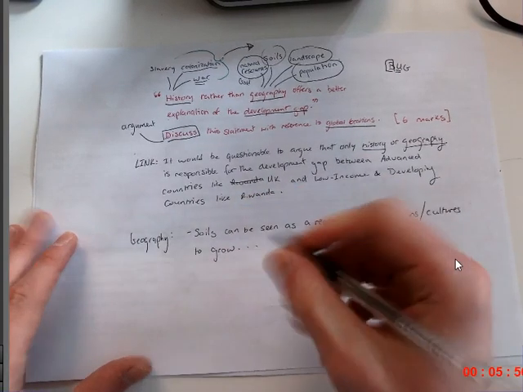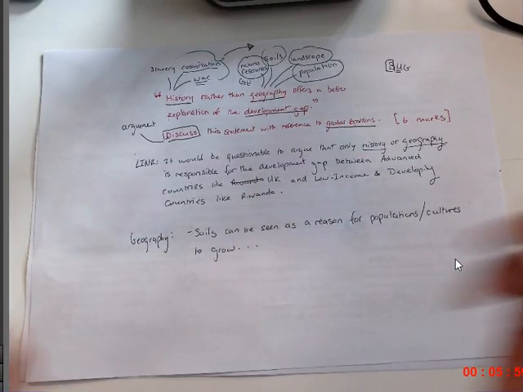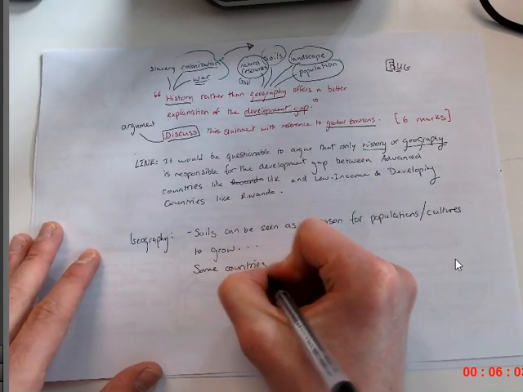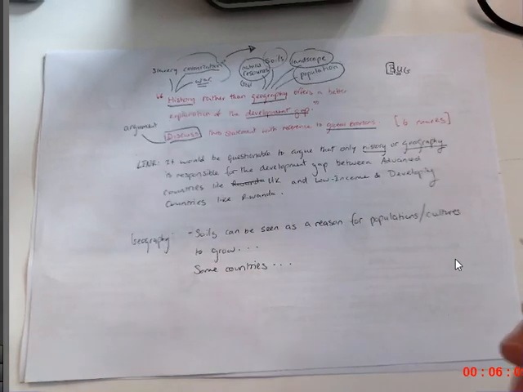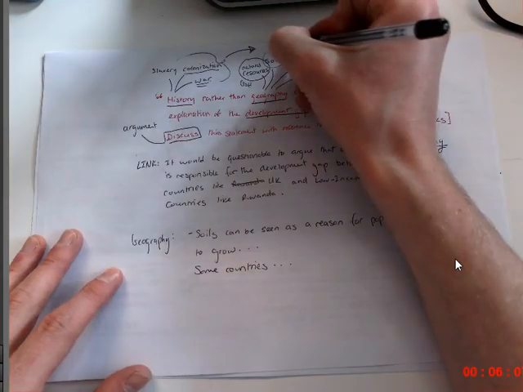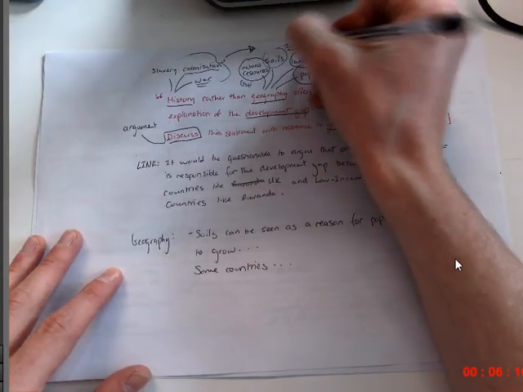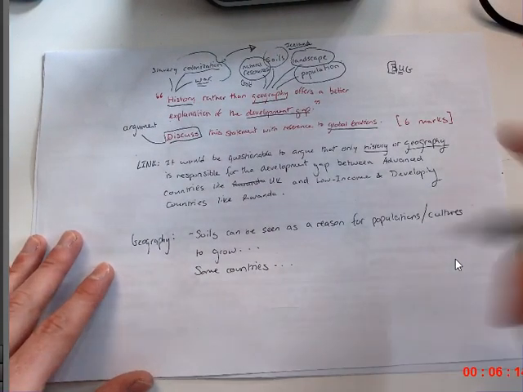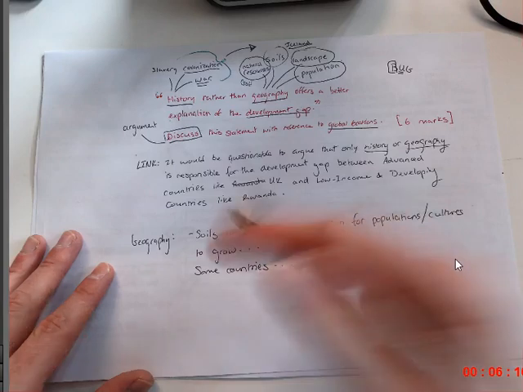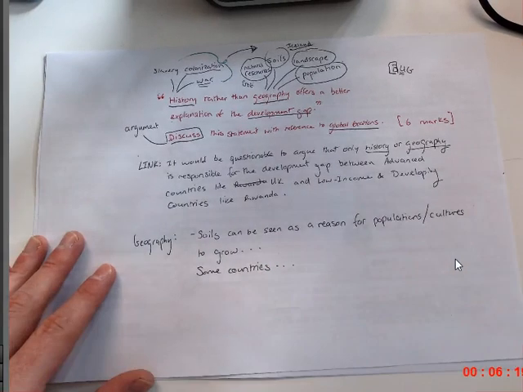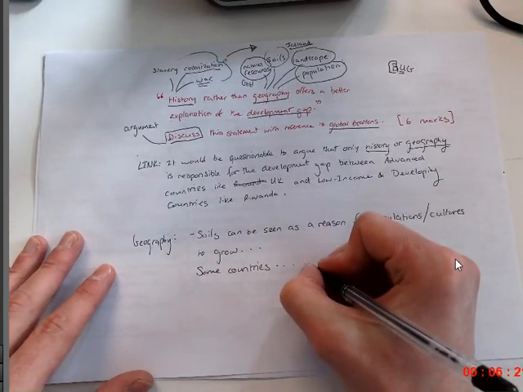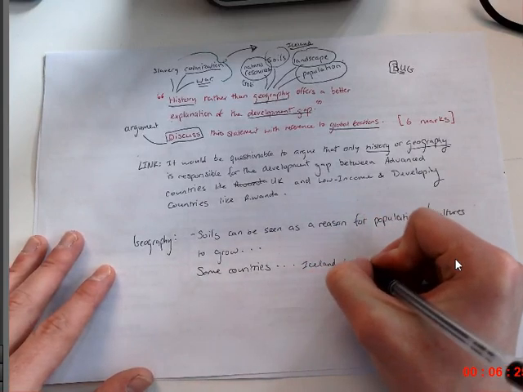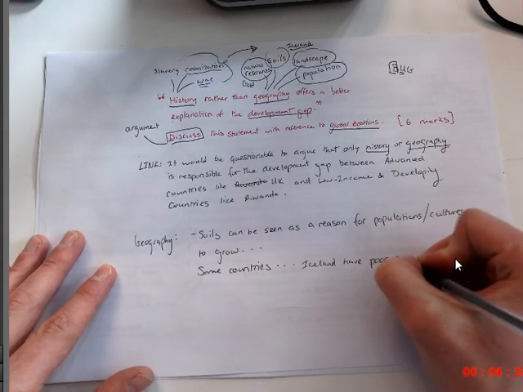However, we could also say that some countries, on the other hand, like Iceland, for example, and Iceland is a great example of a country that has been limited by its soils, has still become an advanced country, a very wealthy country, for a significant period of time, despite not having an empire to take over places. So some countries, like Iceland, have poor quality soils.